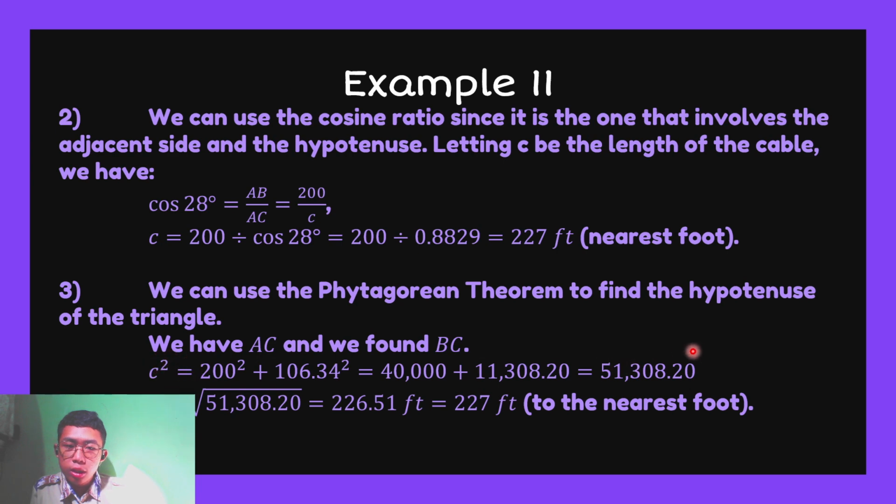Because this is the value of C squared, we take the root. So C is the square root of 51,308.20, which is equal to 226.51 feet, so 227 feet to the nearest foot.